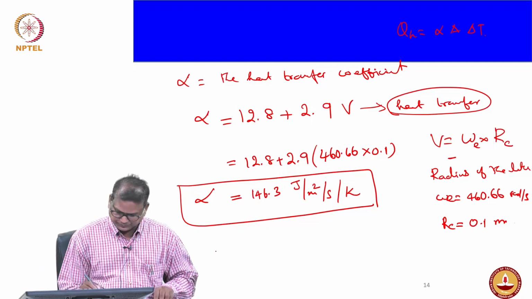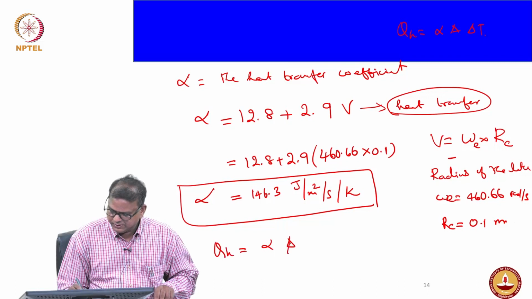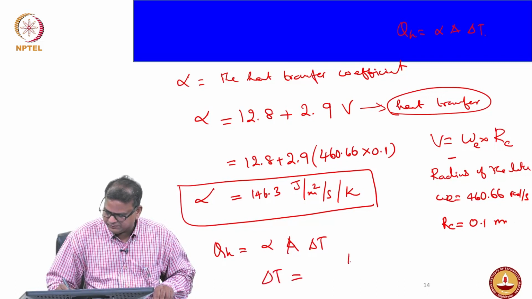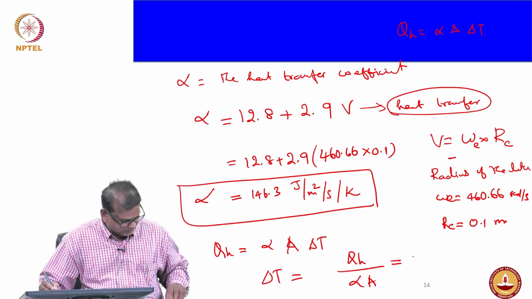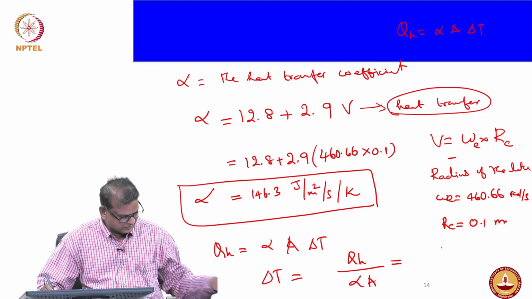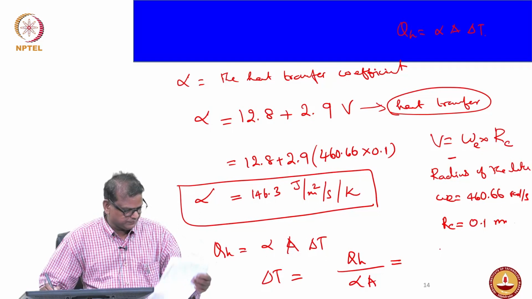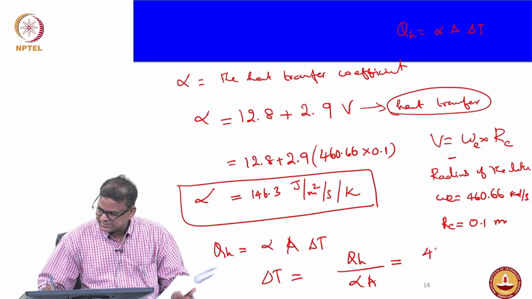So now QH equal to alpha A delta T. We need to find out delta T. Delta T equal to QH by alpha area. What is QH? QH we already know, that is 447.